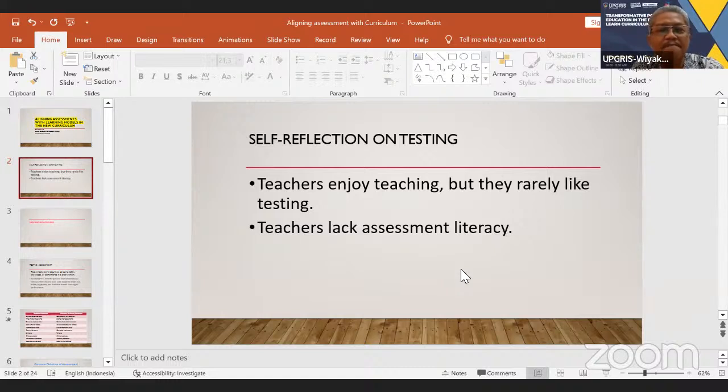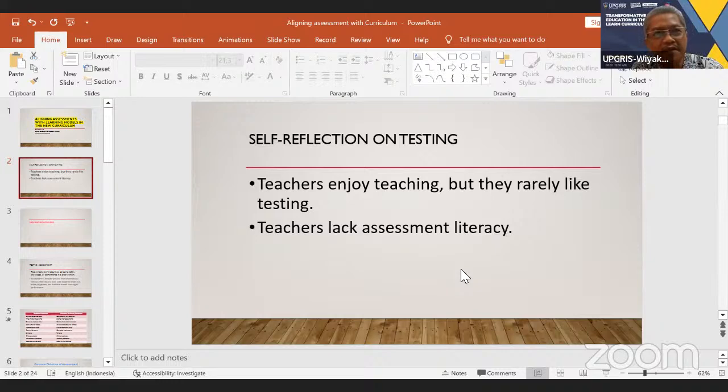Okay, so what is meant by this statement is that basically there is no teacher or lecturer with only a specialty in teaching, because assessing or giving assessment or testing belongs to an integral part of teaching.